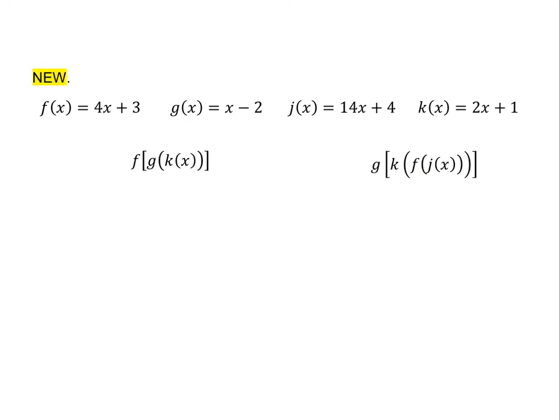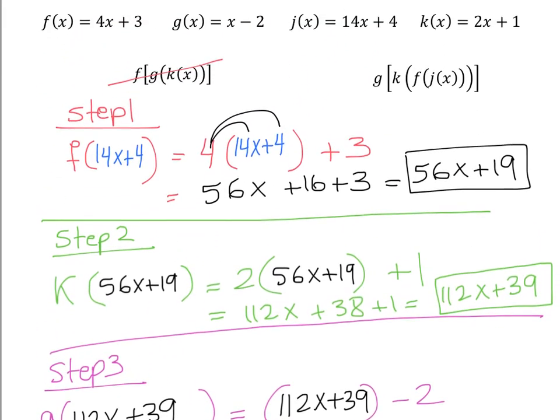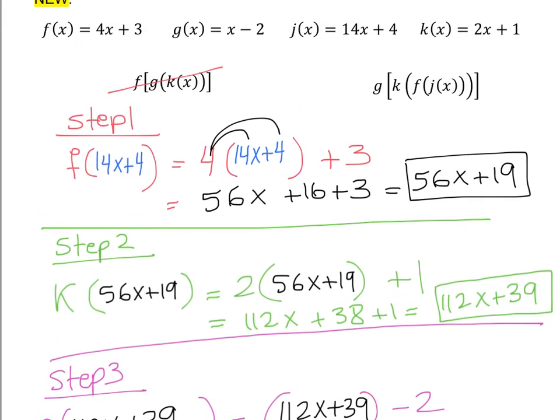So as you can see, I got 112x plus 37 to be the answer. I hope you got that. If you did, you got it. If you didn't, please go over the steps with me. So let's start. You start with the function on the inside. So you need to plug in j into f.